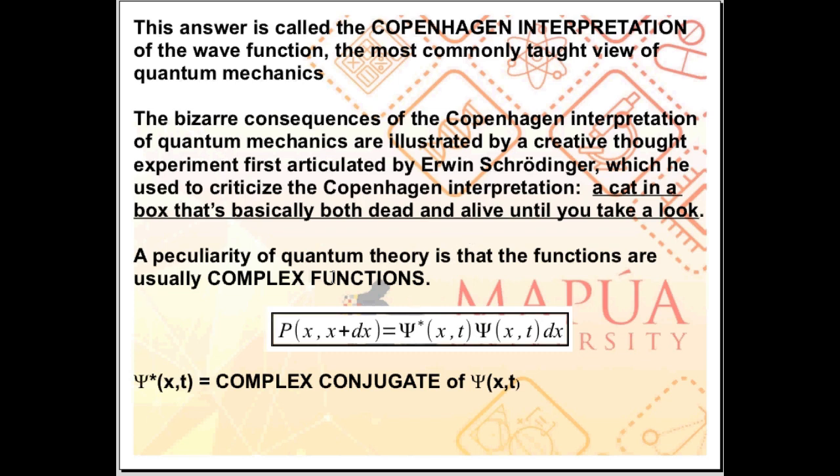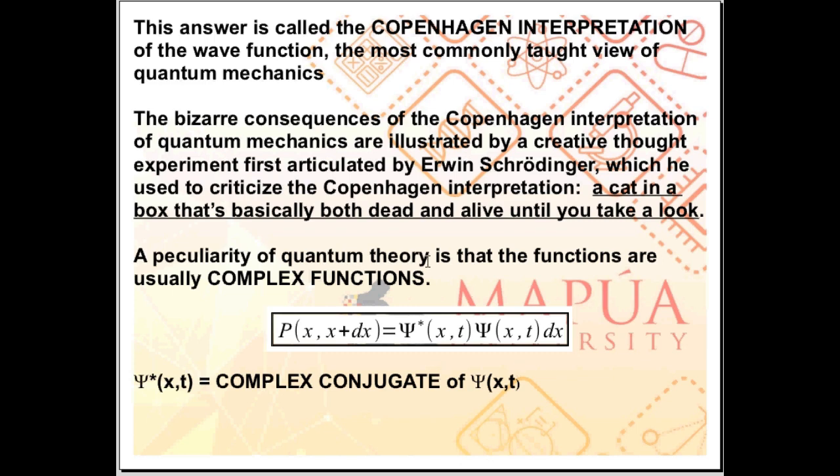A peculiarity of the quantum theory is that the functions are usually complex functions, particularly the wave function psi. Psi is a complex function, so the square of the absolute value is basically psi star times psi, where psi star is the complex conjugate of psi.